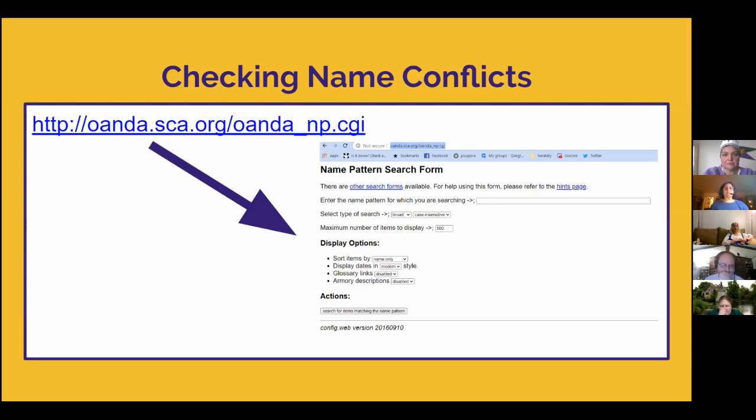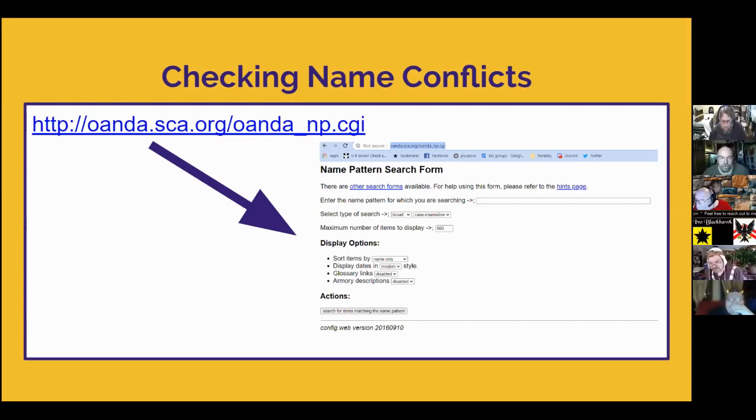Now, you can put in one name element, you can put in part of a name element, and bring up a whole list of what's been registered that has that name element in it. Sometimes you will have a couple of dozen, sometimes you will have hundreds. It depends on how popular that particular name element is. And this will search for names with and without accent marks and stuff like that.